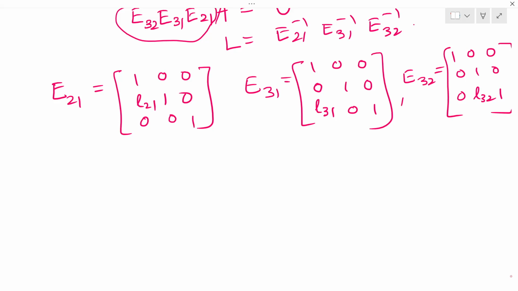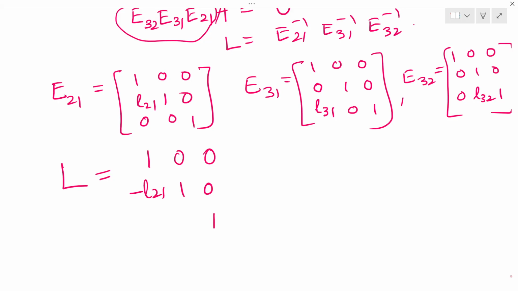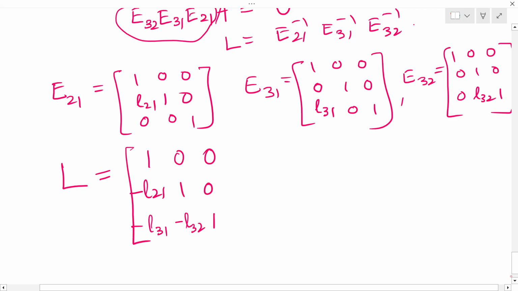In that case, what will be my L? This is always the same for whatever matrix is given. If it is a 3 cross 3 matrix, these 6 elements are fixed. Then in this position I will write L21 with a minus, here minus of L31, here minus of L32. I got my L.